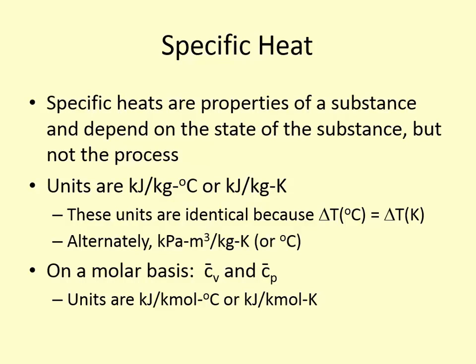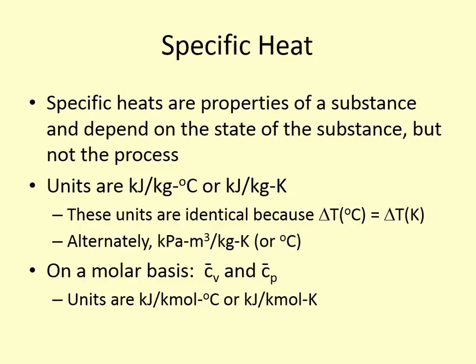And the units, similar to the units of R, are in kilojoules per kilogram Kelvin. So it's a unit of energy per mass times temperature. And we're always looking at a delta temperature, so a change in temperature in degrees Celsius or a change in temperature in degrees Kelvin, which are equivalent. So the space between temperature units on the Celsius and Kelvin scale are exactly the same.